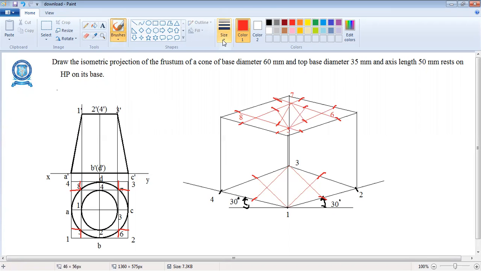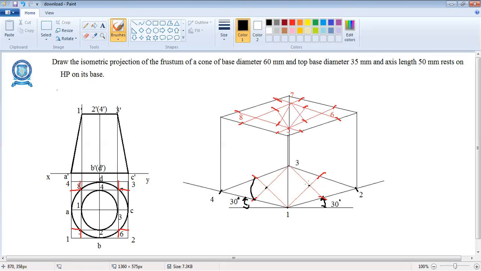Now, by using freehand, you have to join these points. Now you are going to join these points by using a compass. Place a compass here, take a measurement from this point to this point and draw an arc. In the same way, place a compass here.